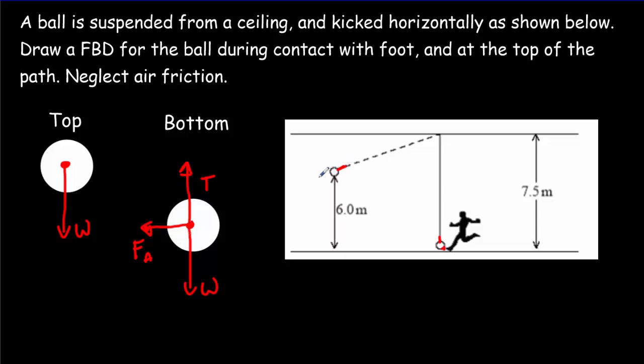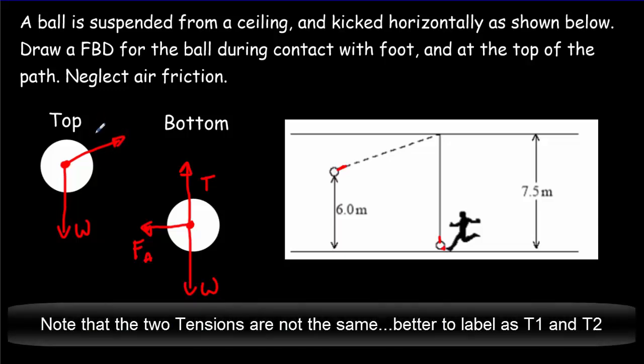Now up at the top of the path, the only other force is that tension force, which is going to be along the rope. Now there's no other places of contact. We're neglecting air friction once again, and that means we've got to apply step number 5 and stop. We're done. Don't add anything else. That's all the forces involved.